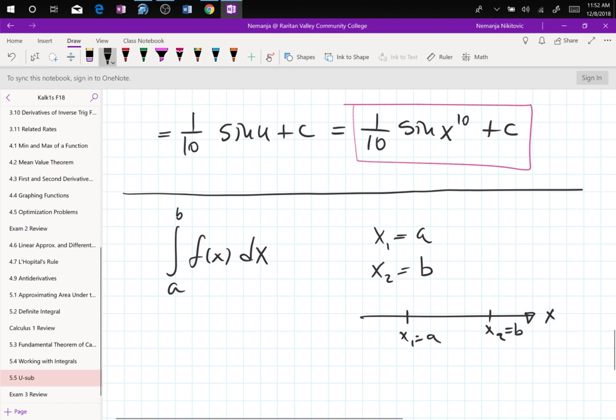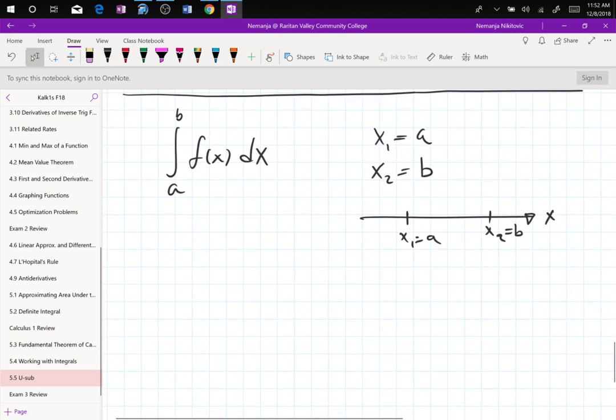So if I am switching the variable from x to u, I have to switch everything, which includes the limits as well. Now, to switch limits, it's very easy. All you need to do is to just compute all the limits in your u sub equation that you picked.